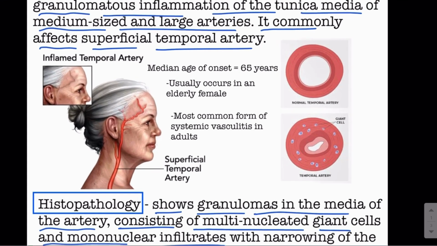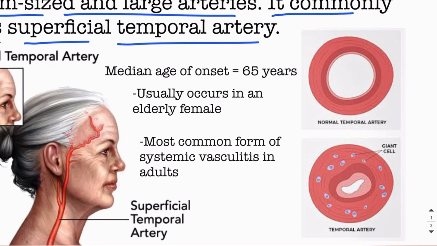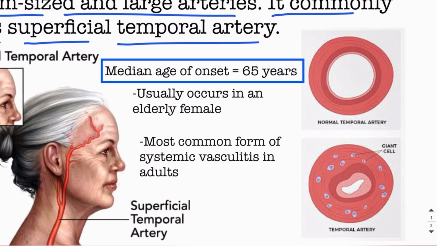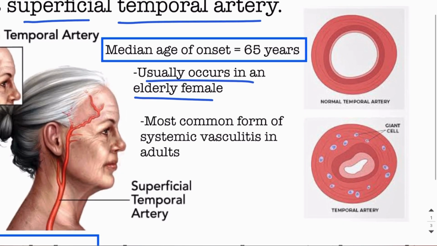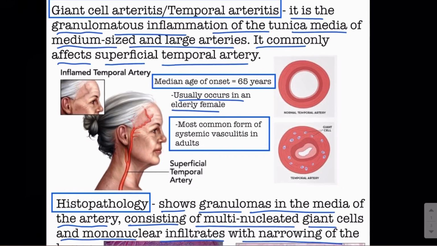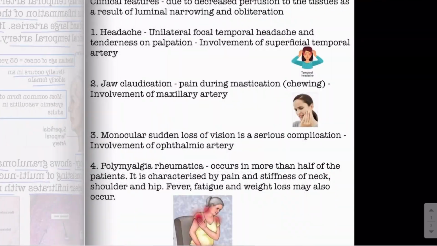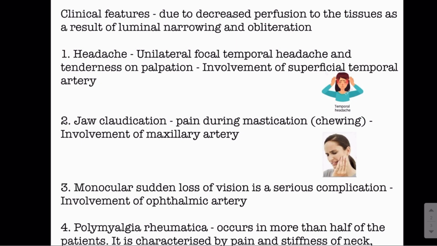Right. What is the median age of the disease? It's 65 years. So it's usually a disease of an elderly female, that is of 65 years or above. And this is the most common systemic vasculitis in adults.